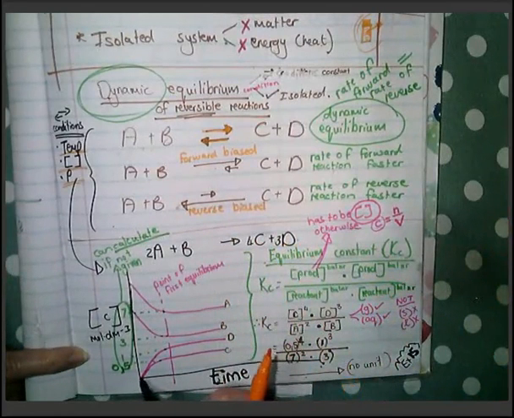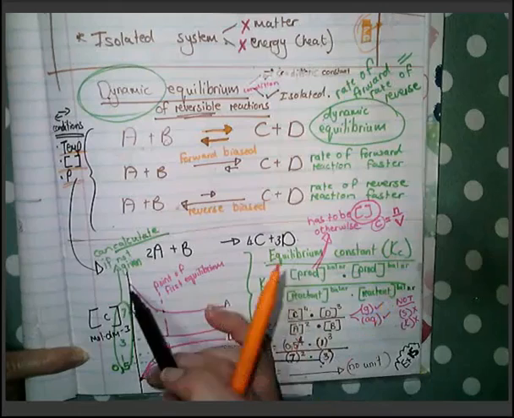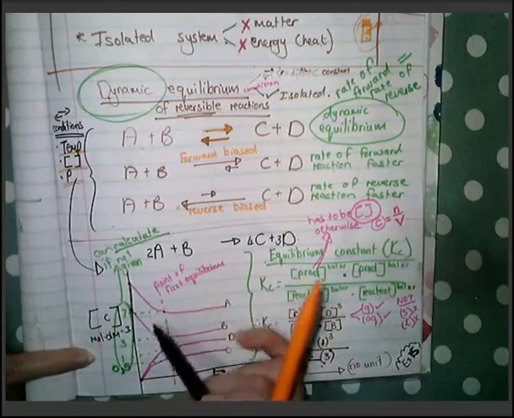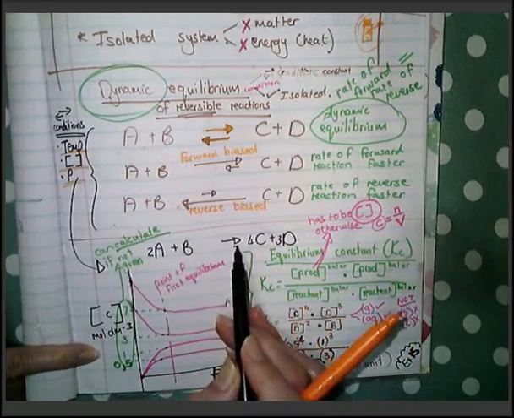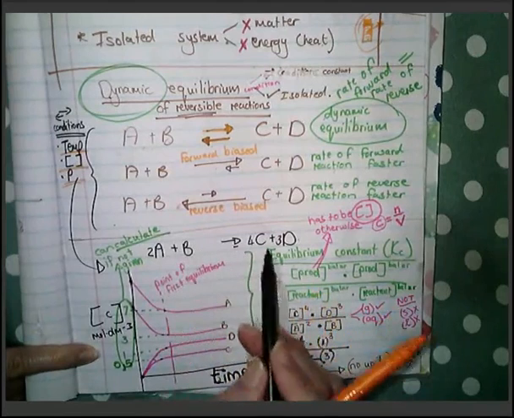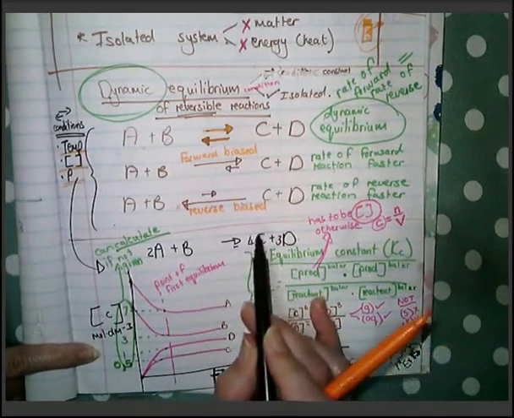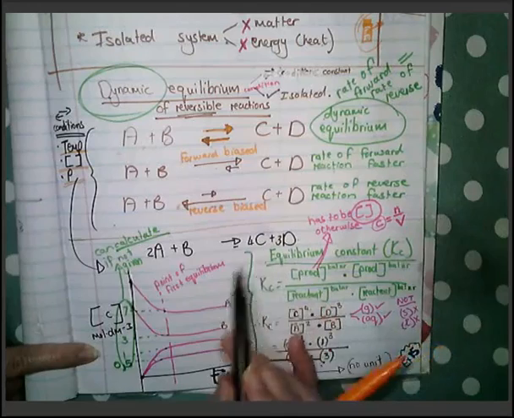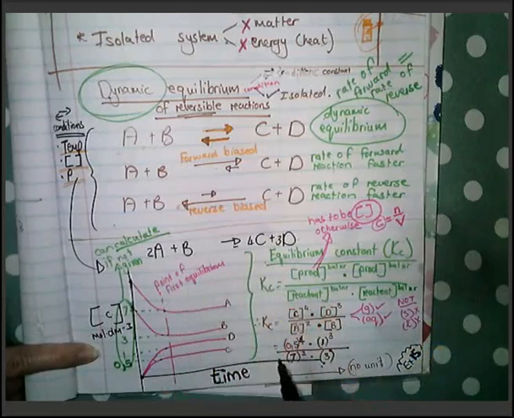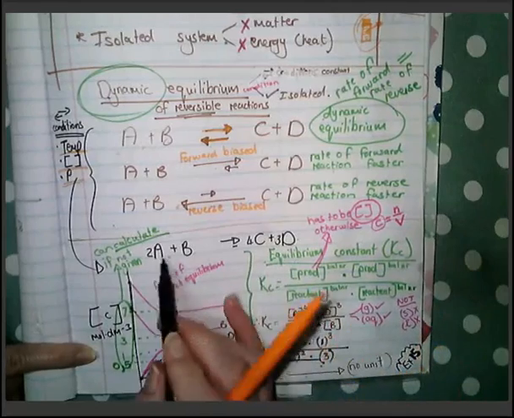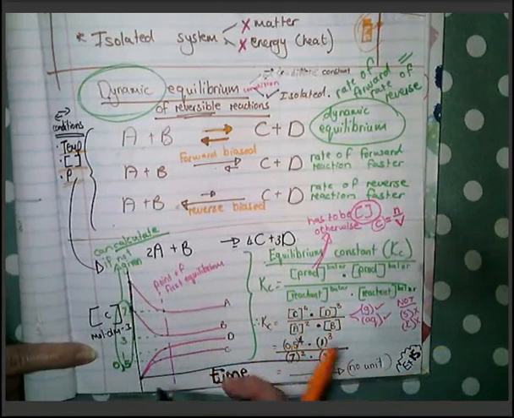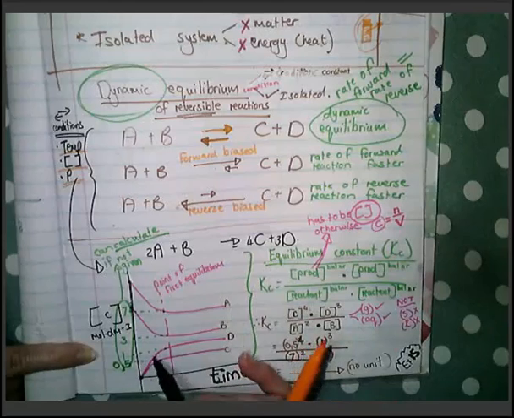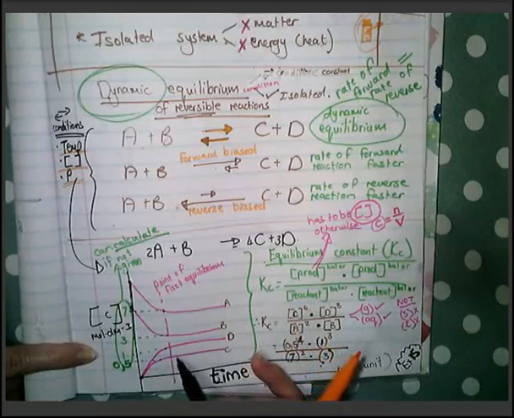So there's 0 C and D. And maximum A and B. Now, as A and B start reacting to form C and D, because this is a reversible reaction, C and D start reacting to form A and B as well. So A and B initially, they are decreasing because they are forming C and D. And C and D, as they are formed, their concentration increases, right?